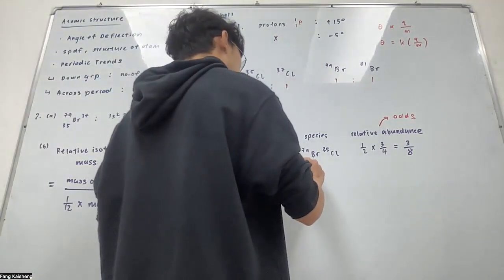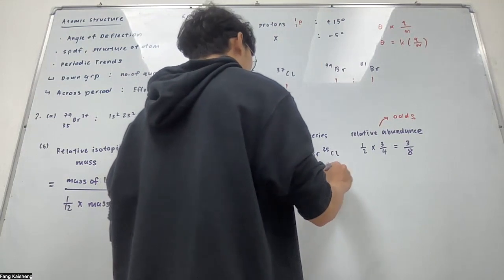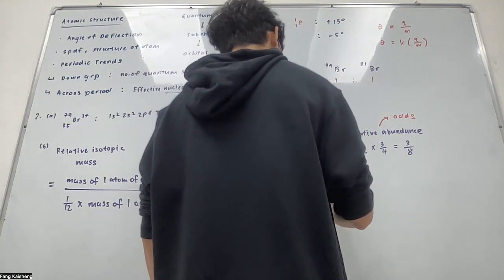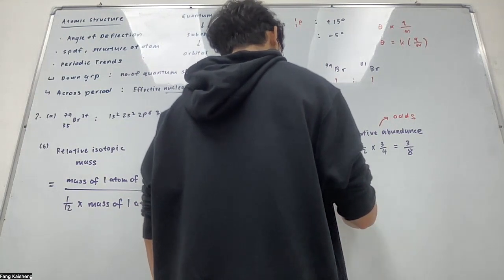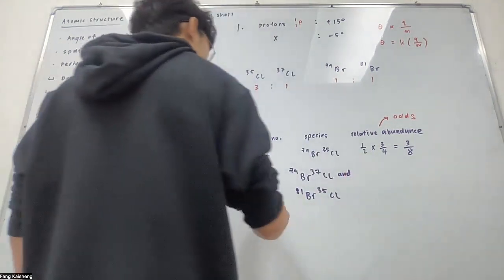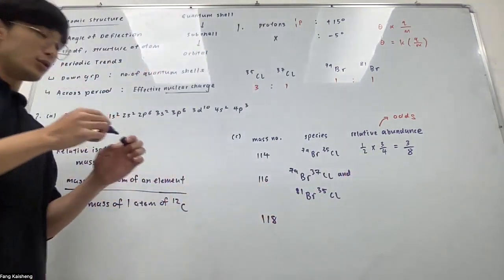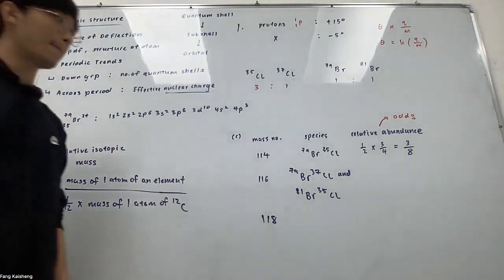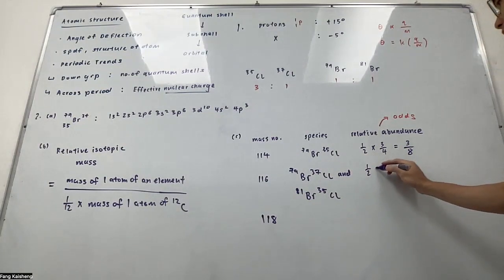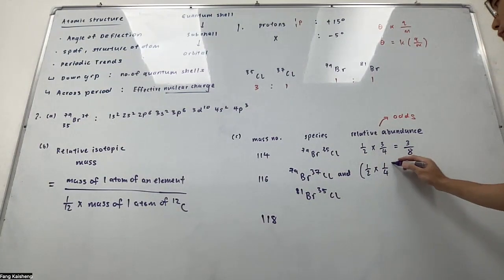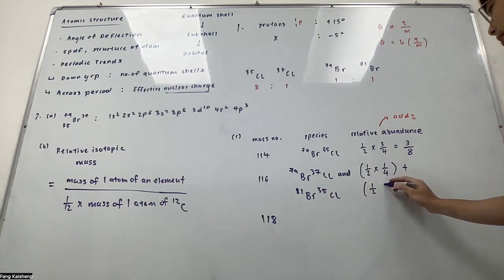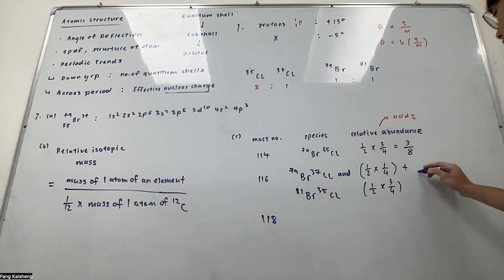Yes, you get 79, 37, or 81 and... okay, good. So you all recognize that there are 2 possible combinations. Okay, guys, how do you calculate the relative abundance here? Okay, so 79 bromine is half, 37 is 1/4. Okay, so 1/8, good. Plus half also times 3/4 equals to half.